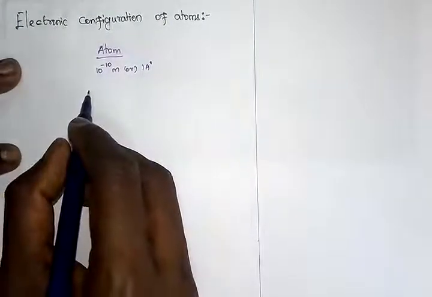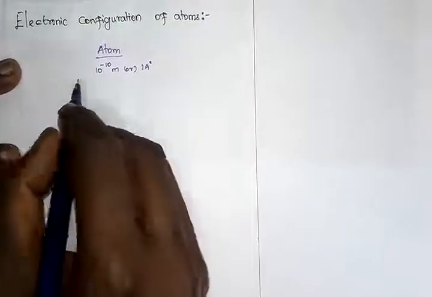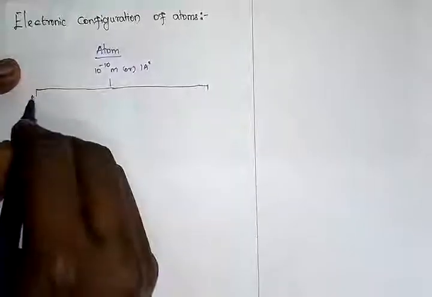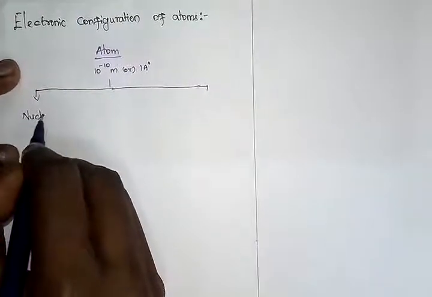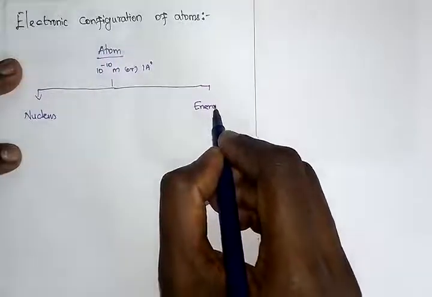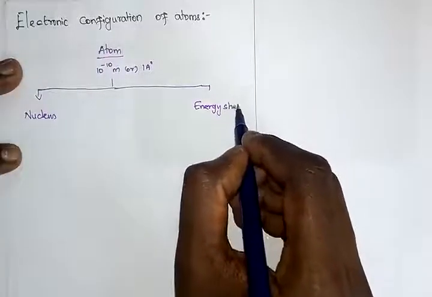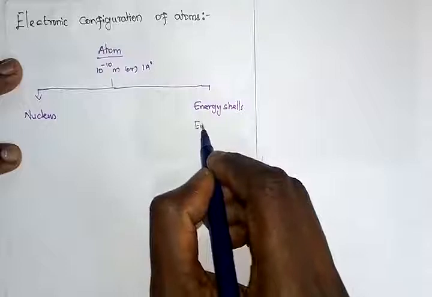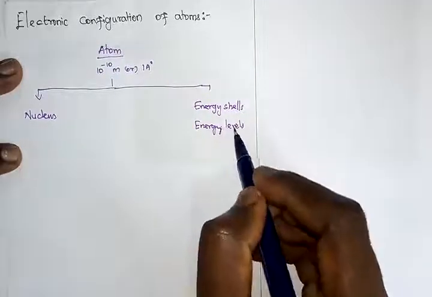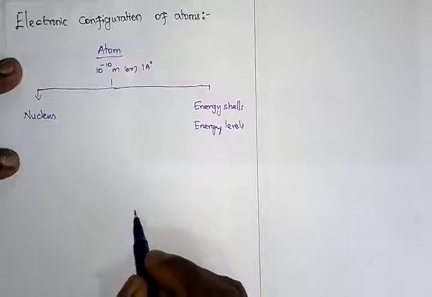If you look at the structure of an atom, the structural parts of an atom include two main parts. One we call the nucleus, another one we call energy shells or energy levels. This is the major concept we have learned already.